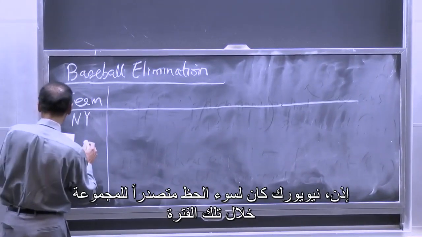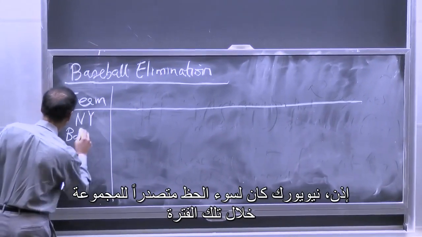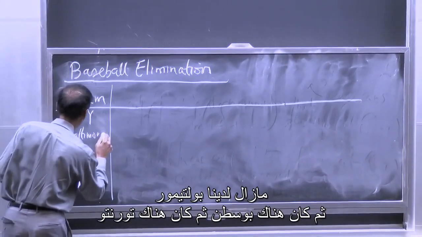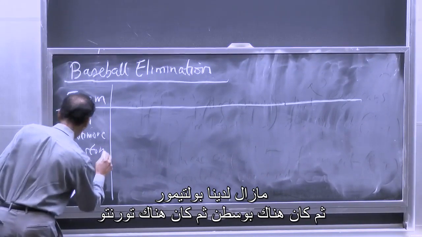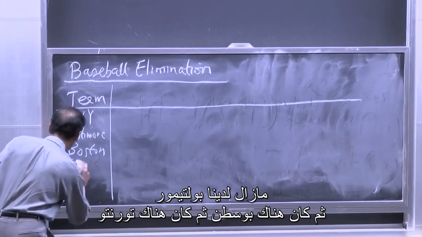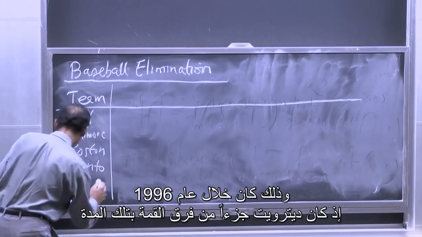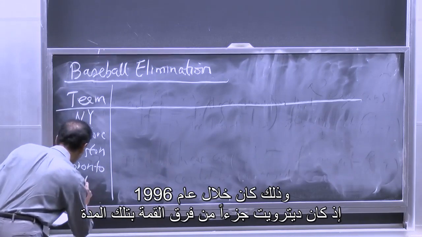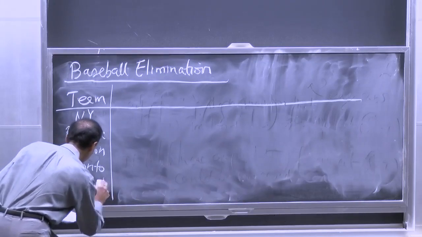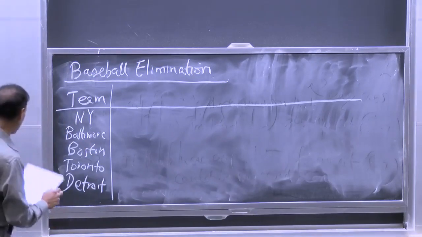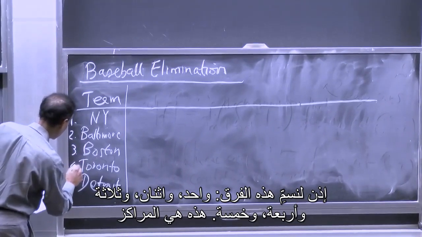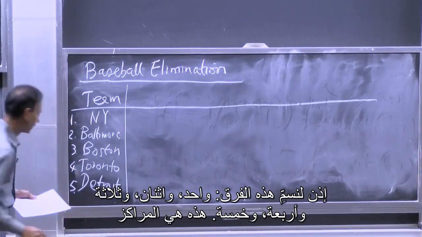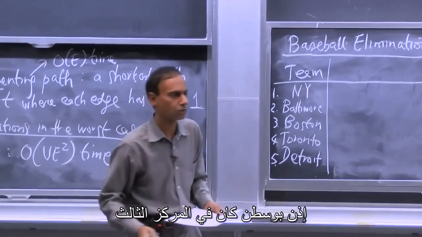New York, unfortunately, was leading the division, even back then. Still had Baltimore. Then there was Boston, and then Toronto. And Detroit was part of the AL East back then, before realignment. So let's just call these 1, 2, 3, 4, and 5. Those are the positions. Boston was in third place.